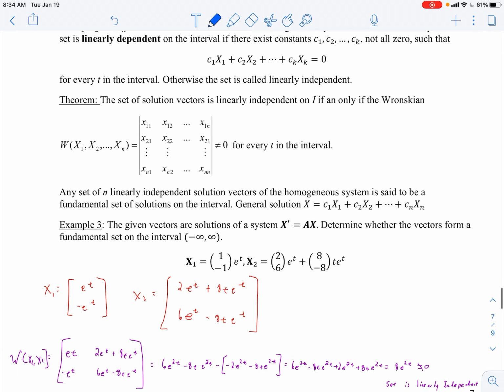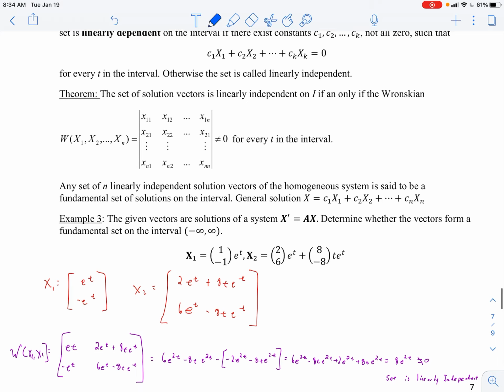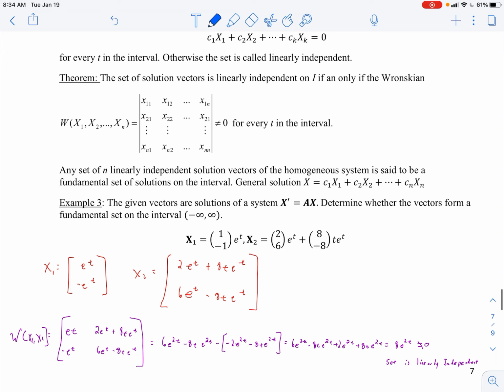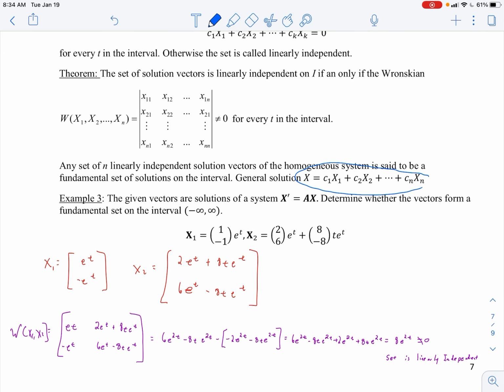Any set of n linearly independent solution vectors of the homogeneous system is said to be a fundamental set of solutions on the interval. Our general solution would just be that superposition principle where we combine all of our solutions, making sure that we provide the correct constants in front.